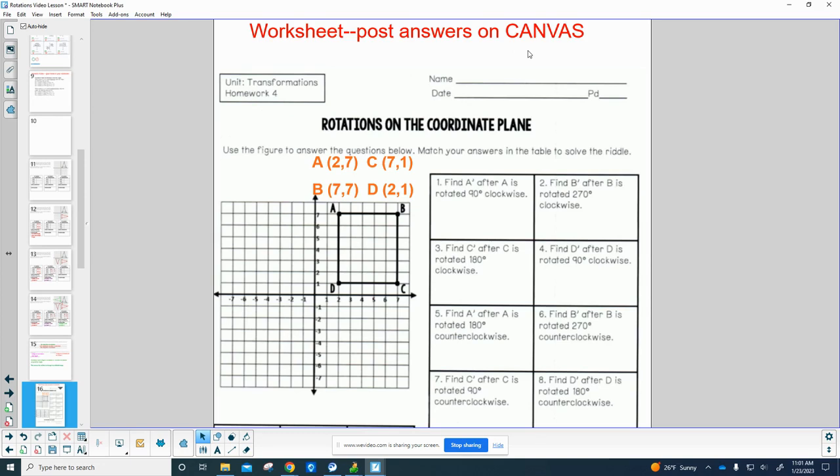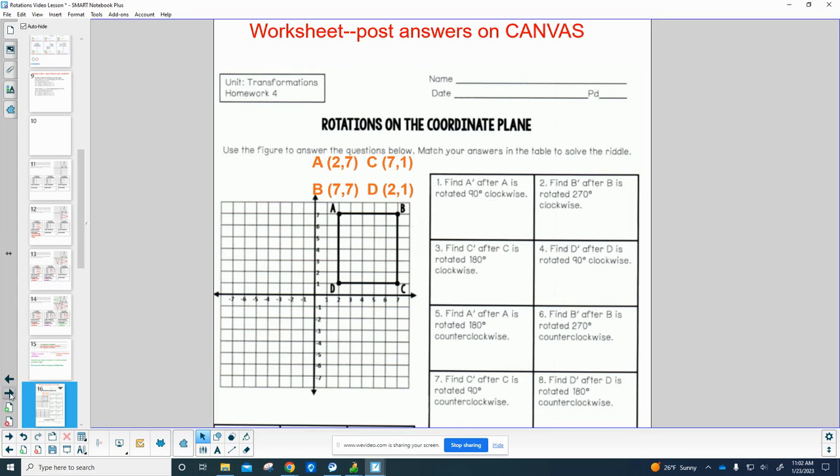So these are what we're going to be doing for our worksheet. And so let's take a look at the first couple of problems and see how that works. What we're doing here is we've got the original coordinates of our figure here in quadrant 1. We want to find A prime after a 90 degree clockwise rotation.